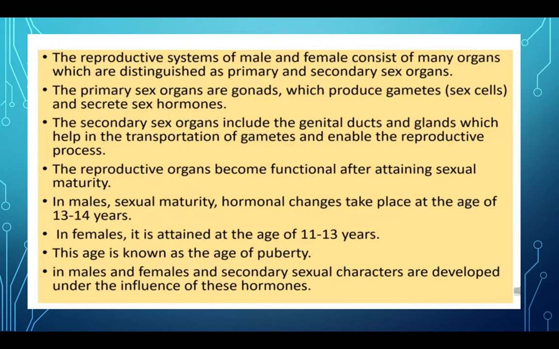It is attained at the age of 11 to 13 years. Compared to males, females attain puberty at 11 to 13 years. This age is known as the age of puberty.